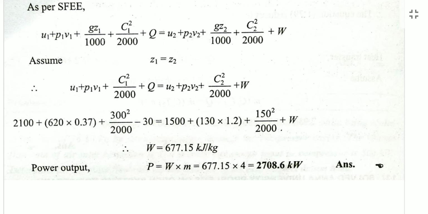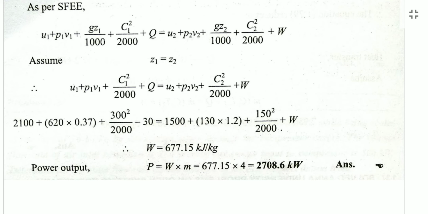Then we can substitute the values one by one, 2100 for U1, and the velocity and everything. Finally W is the unknown value, so we can find it. The value of W is in kilojoule per kilogram, isn't it?